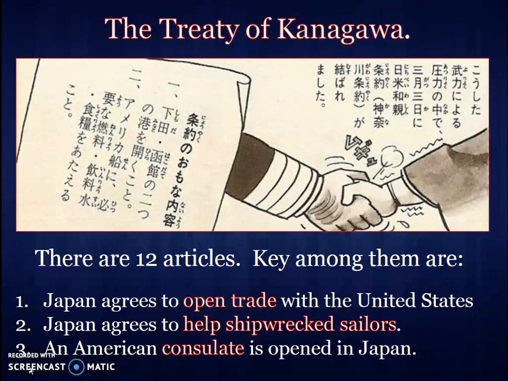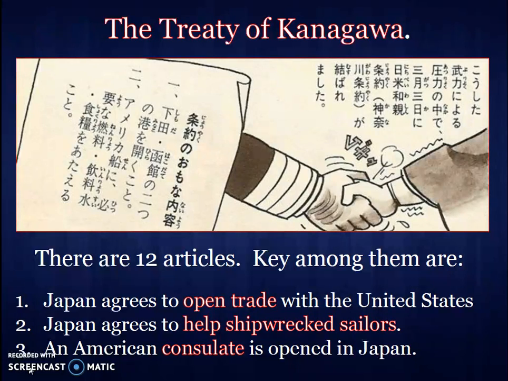There are 12 articles in that treaty, but 3 of the most important ones are listed here. So first and foremost, Japan agrees to open trade with the United States, which was Fillmore's original goal. Japan also agrees to begin helping shipwrecked sailors. So naval ships, whaling vessels, merchant ships, if there were to be a storm and they would need assistance, now they know that they can go to Japan and expect that assistance to be forthcoming.